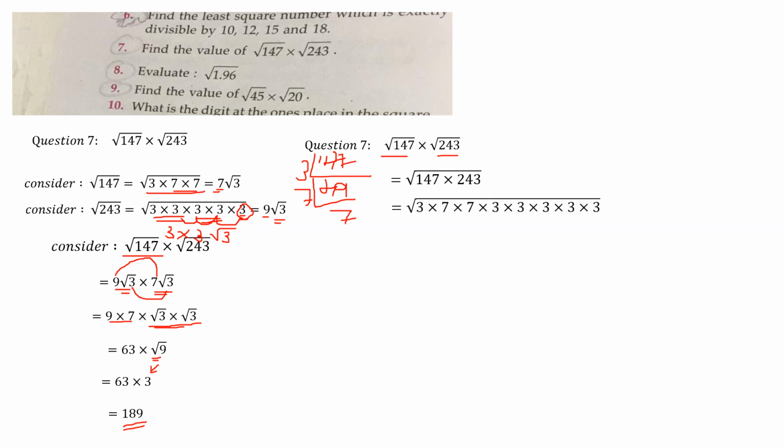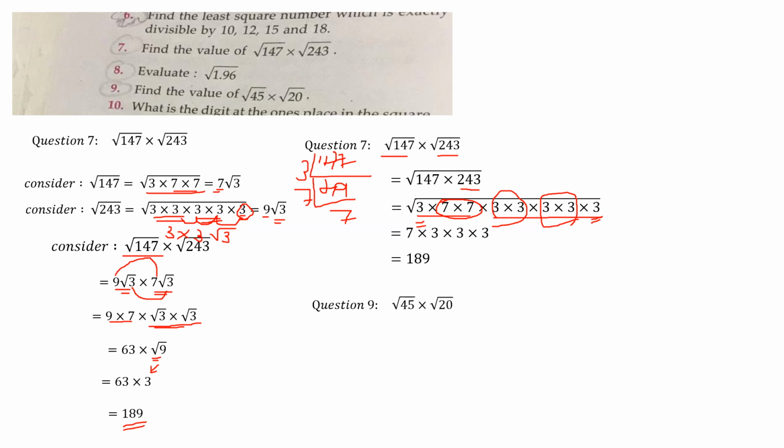So 147 can be written as 3 into 7 into 7, and 243 is written as 5 times the multiples of 3. By grouping, the 7 is paired, so we write it once, then the 3s are paired, and the left out 3 and the first 3 are paired, so we get 7 into 3 into 3 into 3. When you multiply you get 189.